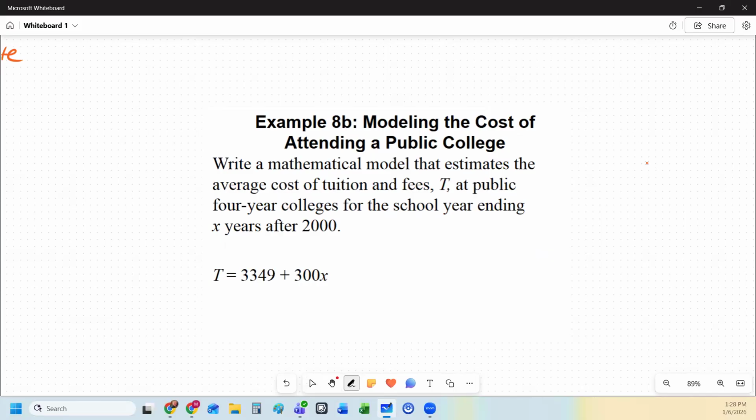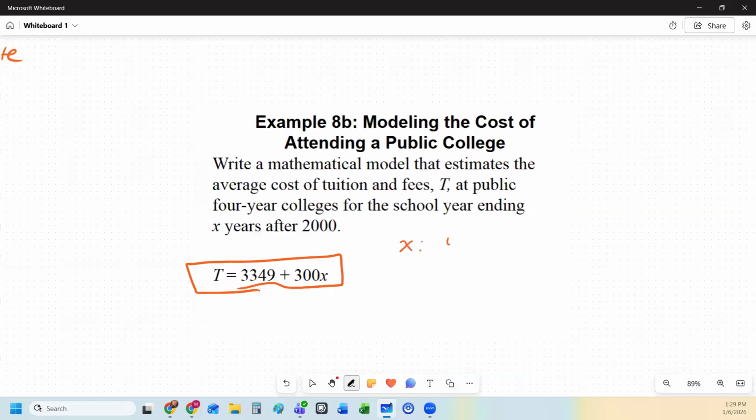And they gave it to us here. They didn't give us enough information to create this on our own, so they gave us the model itself, which is $3,349 plus 300 multiplied by X, where X is years after 2000.